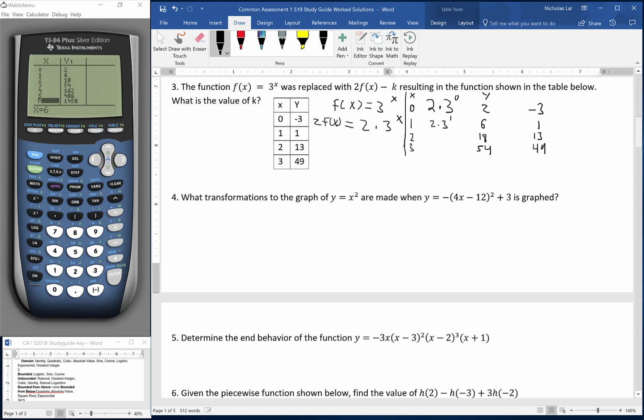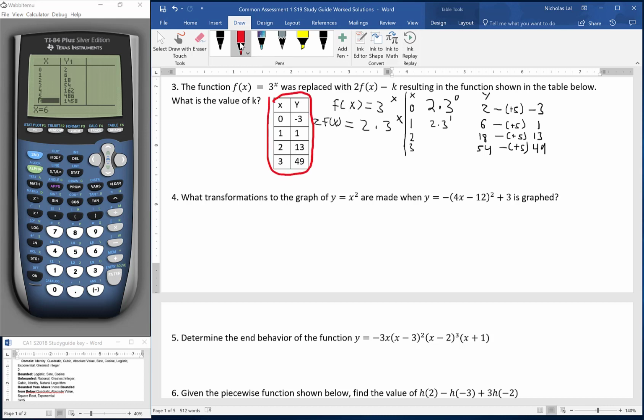In order to do this, we have to subtract positive 5. In all these situations, our original output, 2 times 3 to the x, we have to subtract 5 in order to get to our given table.